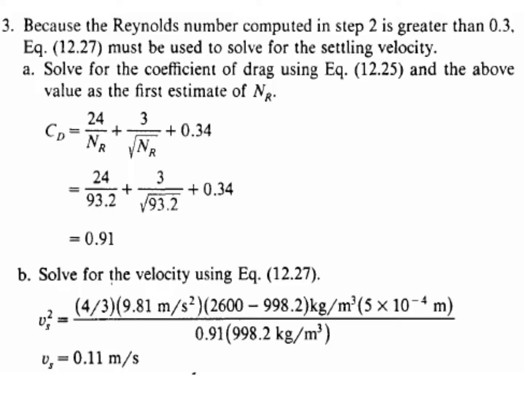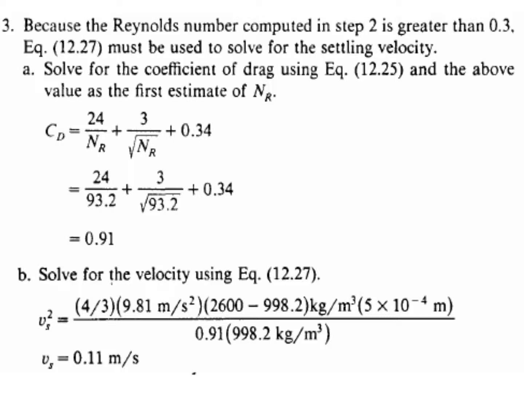There, the settling velocity will be the root of this formula: settling velocity squared equals 4 over 3 times 9.81 times (rho of the particle, 2600, minus rho of the water, 998.2) times diameter, 5 times 10 to the negative 4, divided by 0.91, that is the CD, times rho of the water, 998.2 kilograms per meter cubed.